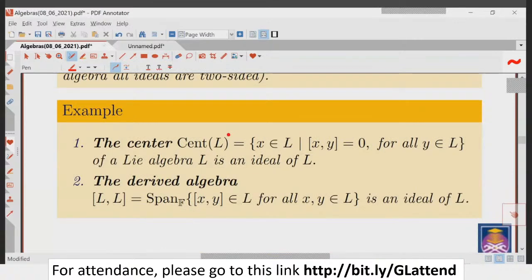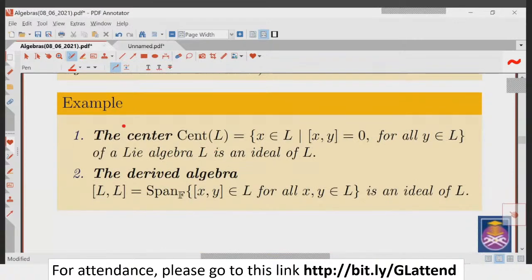Here are some examples of ideals in Lie algebras. If you have a Lie algebra L, its center, by the way, for a Lie algebra is defined this way. For other cases, for an associative algebra, the center is defined another way.